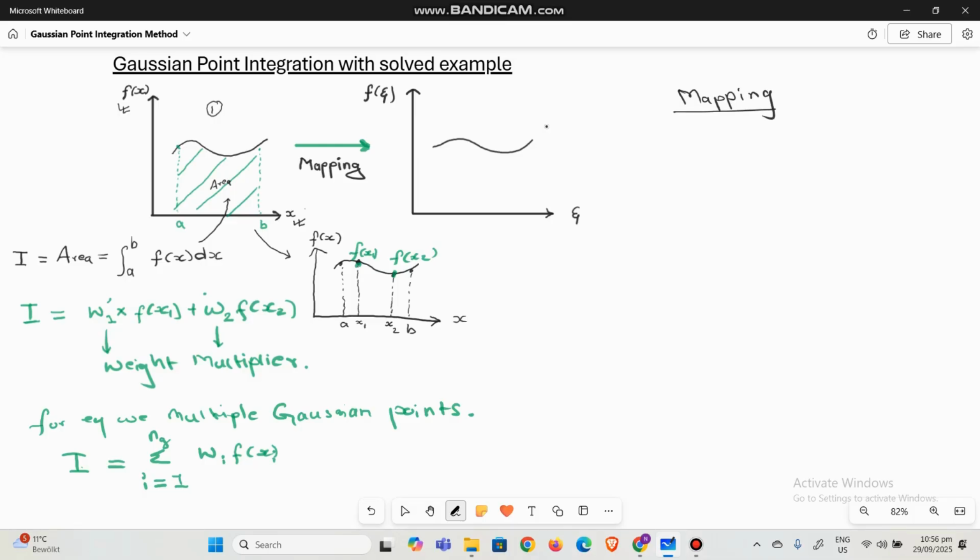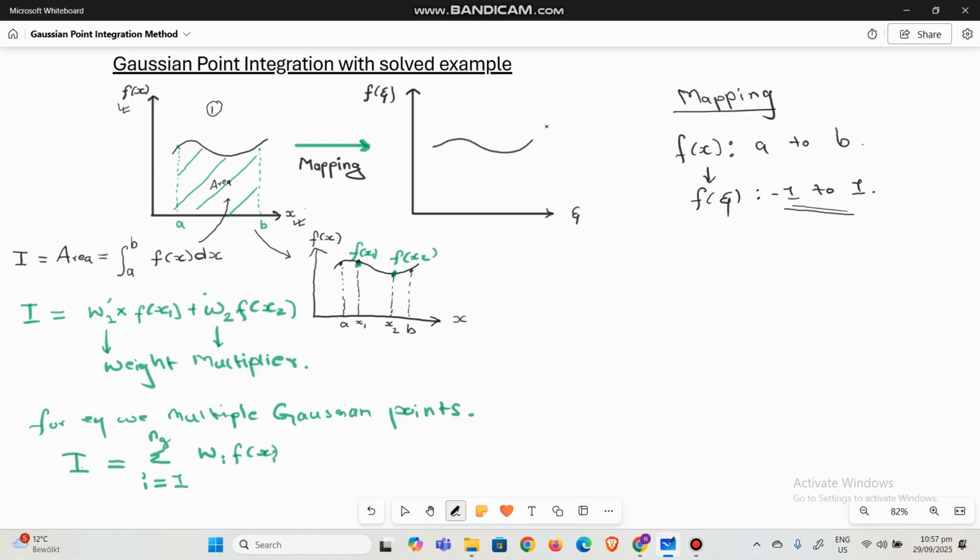Since the f(x) function can range from a to b, and a to b can be anything, we make a standardized form of local coordinate xi, in which every function will be mapped from the range -1 to +1, and this is the main technique. And for this system we have certain predefined weights which we can directly use to find the integration value.